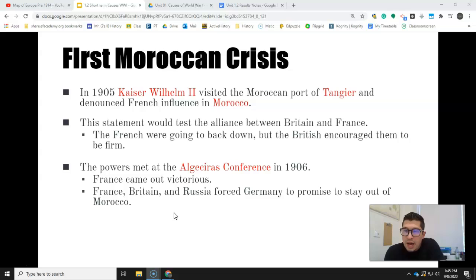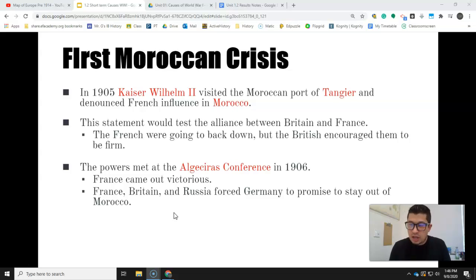Germany, as I talked about in the long-term causes of World War I, wants colonies very, very badly. It has quickly risen to the number 2 position in Europe without access to many colonies. So they say to themselves, imagine what we could do if we had colonies.